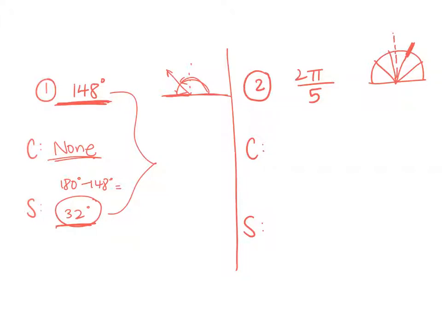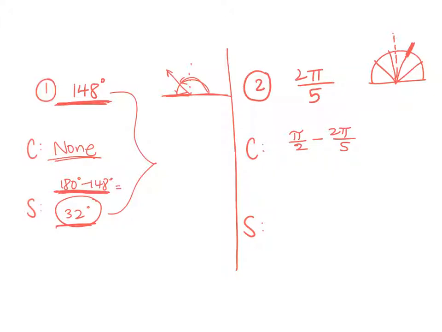The way you find the complementary, remember the way we found the supplementary was you subtract, you find the difference. So here we would do 90 degrees minus whatever angle we have. But since it's radians, we have to do 90 degrees in radians, which is pi over 2, minus the angle that we have. So pi over 2 minus 2 pi over 5.